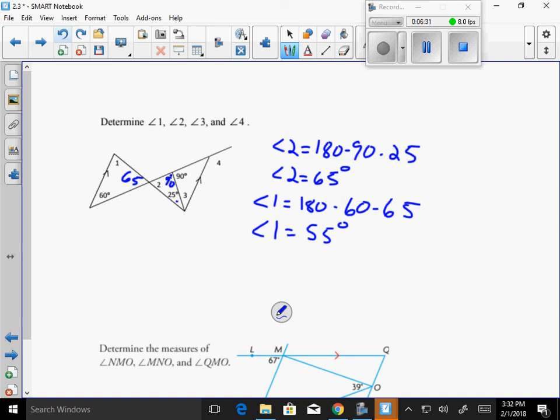So now I need angles 3 and 4. Now I'm going to work with angle 4. All right. Now if I look, angle 4 is an exterior angle of this triangle here. Okay.